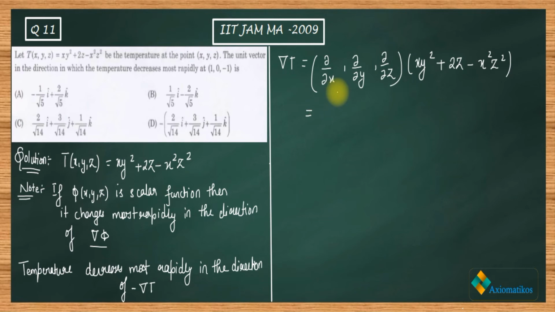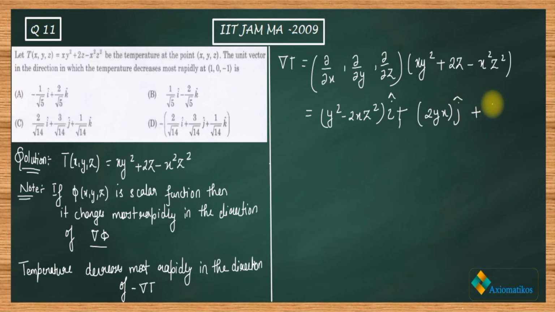If you partially differentiate this with respect to x, you will get y² - 2xz², as the i component. Plus differentiating with respect to y, you will get the j component.